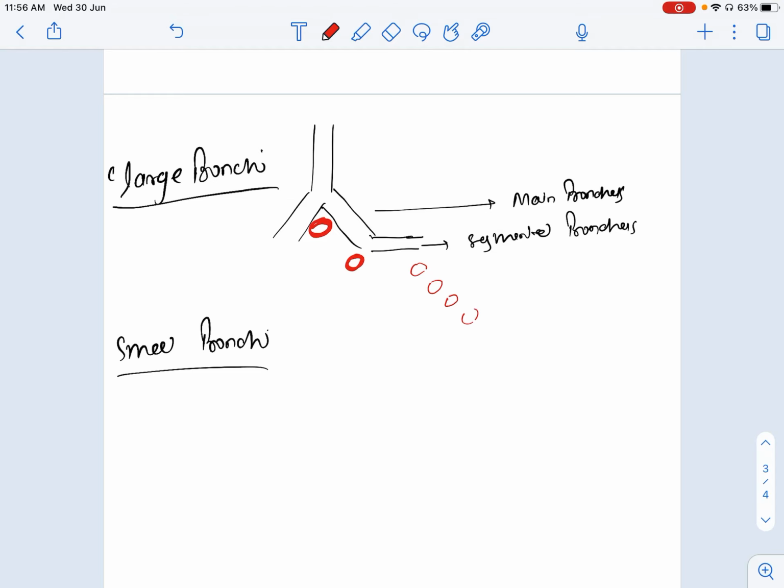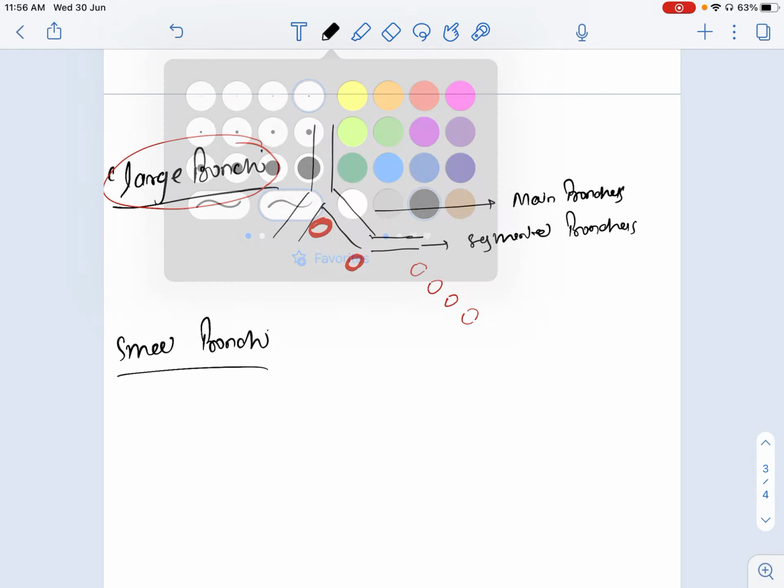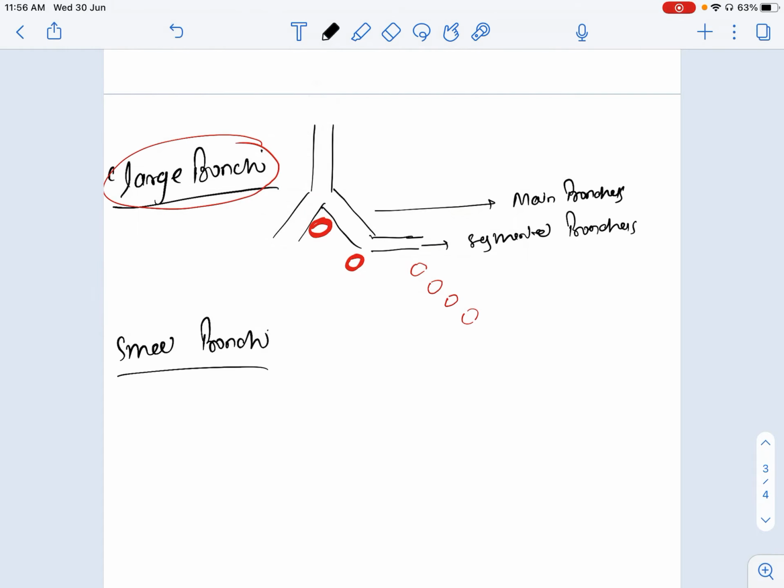The bronchi which contain more cartilage, we call them large bronchi. How many divisions does it take from the main bronchus to a large bronchus? Approximately the next five generations, till the fifth generation, will be called large bronchi.